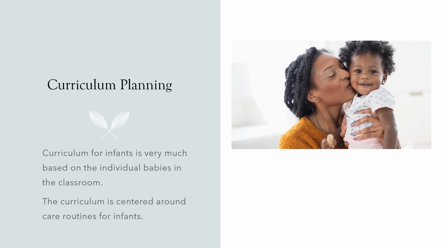So, curriculum planning for infants and toddlers. Some of the things we've talked about with curriculum planning, some of the considerations are going to be the same. For older toddlers, of course, as they get closer to the preschool age, it'll be more similar to what we've been discussing throughout the course.